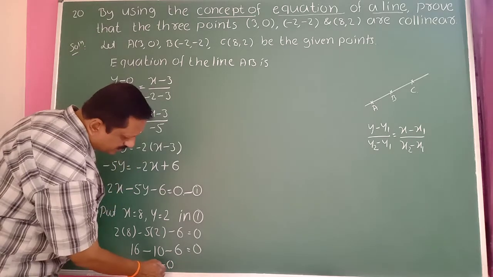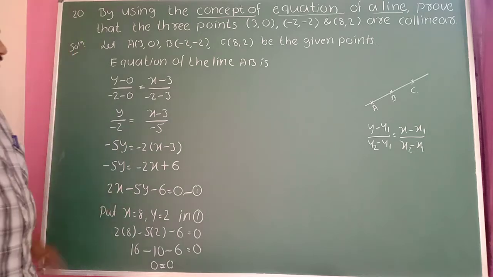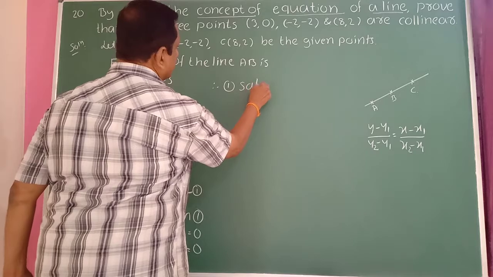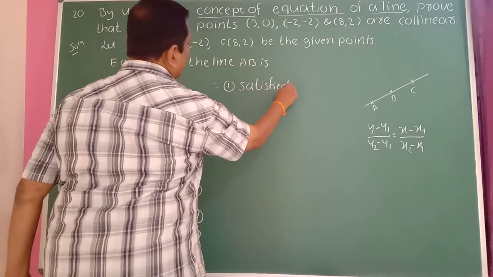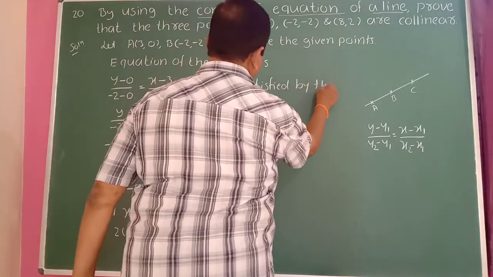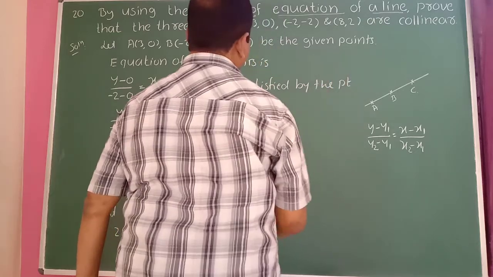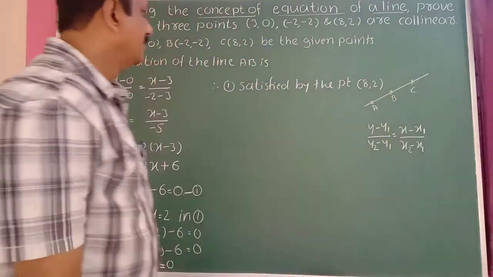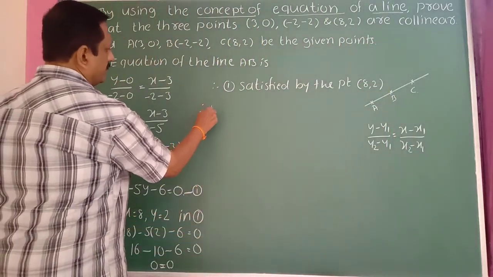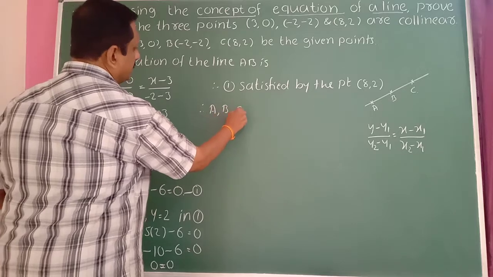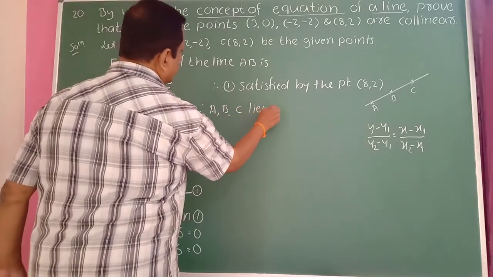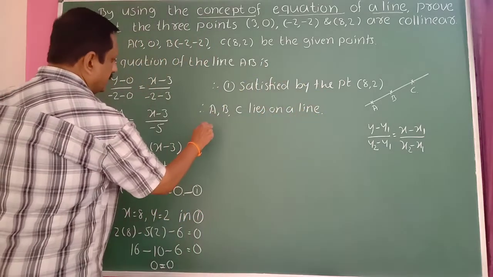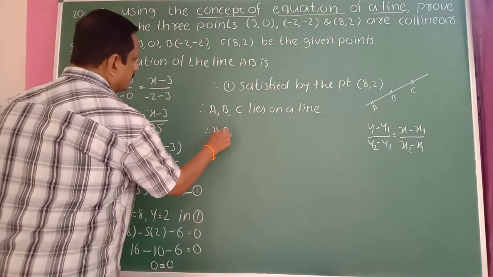The equation is satisfied by the point C (8, 2). Therefore A, B, C lie on a line.